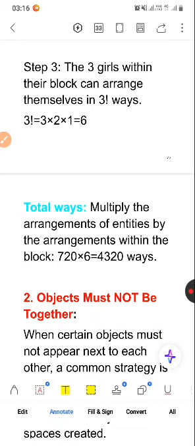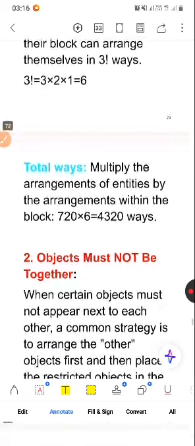We got that, and then the number of ways that the 3 girls can be arranged among themselves, and we got 6. So here we multiply the 6 by the 720, and we get the total number of ways that the girls being together and the boys can be arranged.